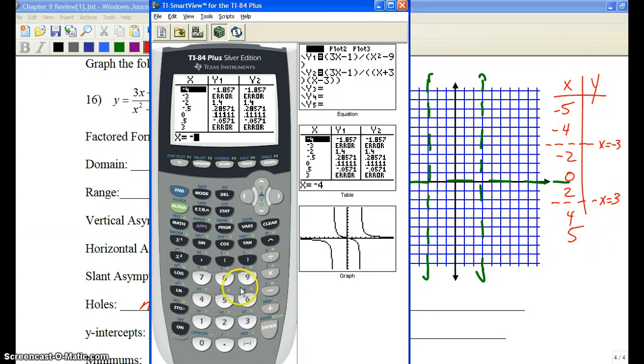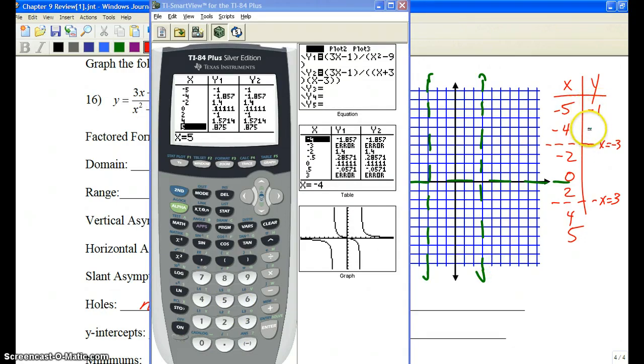So we're starting at -5, then -4, then -2, then 0, then 2, then 4, then 5. And those are going to give us our points. So at -5 we have -1, at -4 we have -0.86, at -2 we have 1.4, at 0 we have 0.11, at 2 we have -1, at 4 we have 1.57, and at 5 we have 0.88.